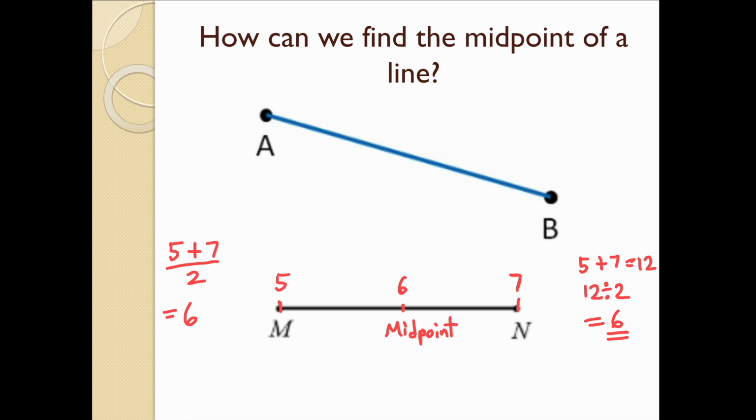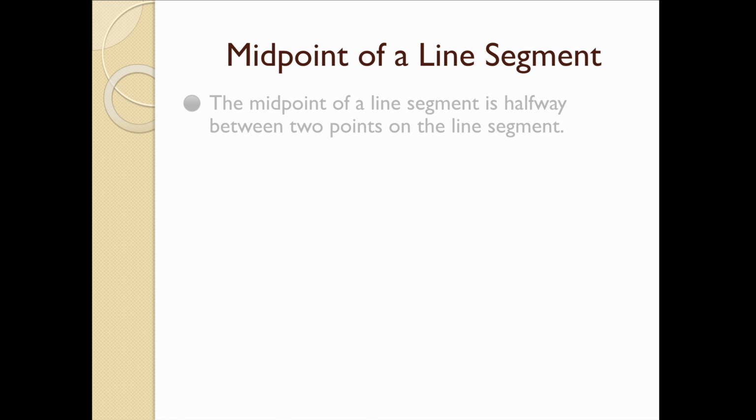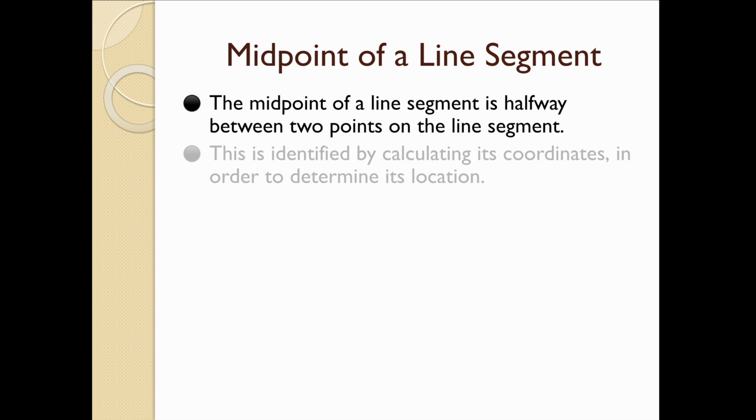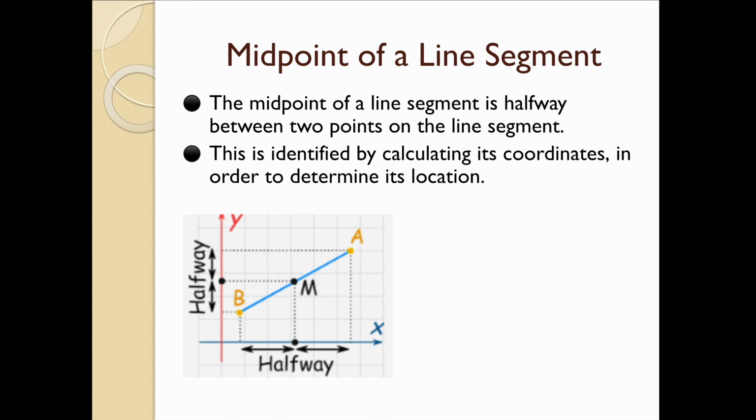So we figured out how to do the midpoint just now, right? Now the thing is, the midpoint of a line segment is the same thing. It's just the middle between two given points. So we can identify that by calculating the coordinates. So obviously we would group the x's together and the y's together, and that would allow us to find a halfway mark on both sides, both from the y-axis point of view as well as from the x-axis point of view.